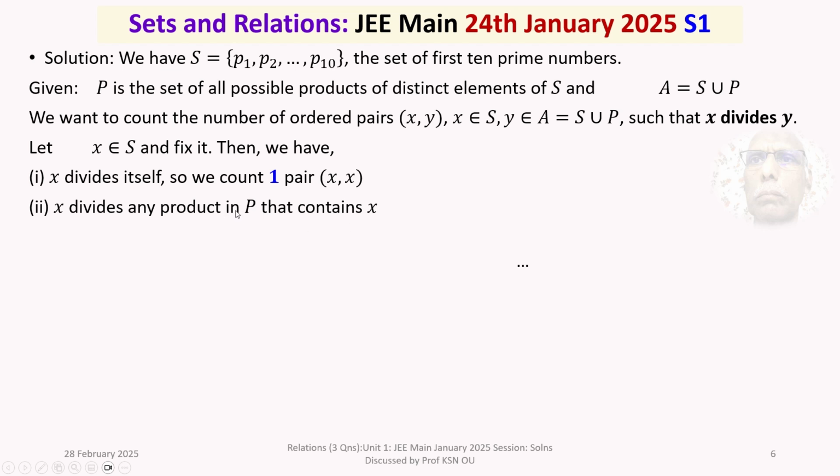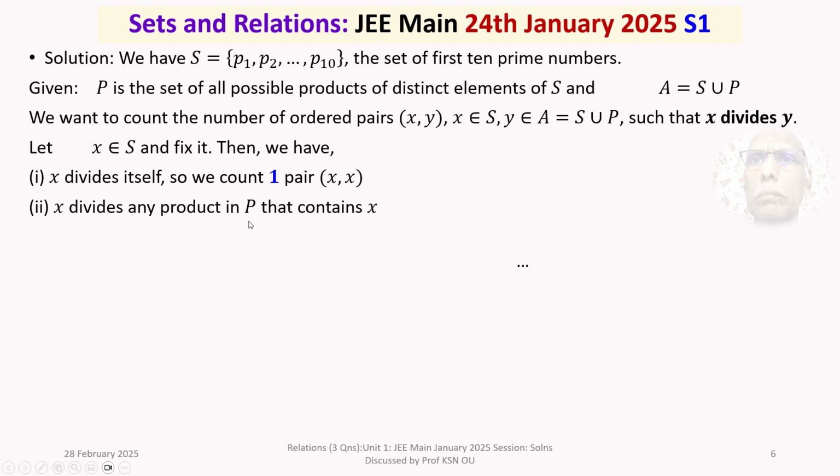Now you take a product of 2 elements of S, and if your x divides, say, P1 P2, then x either divides P1 or x divides P2. That means this P1 P2, you have to take it as x P1 or x P2. Then only x divides any product in P that contains x.